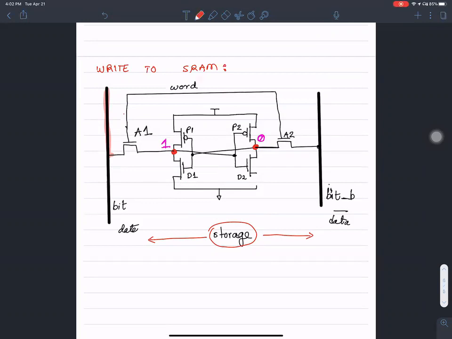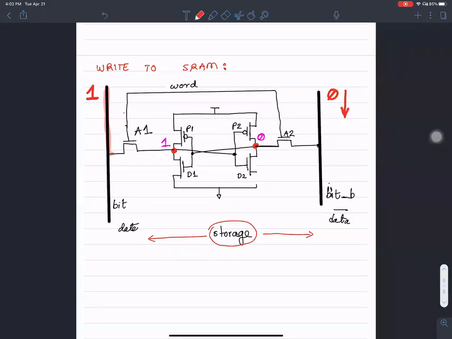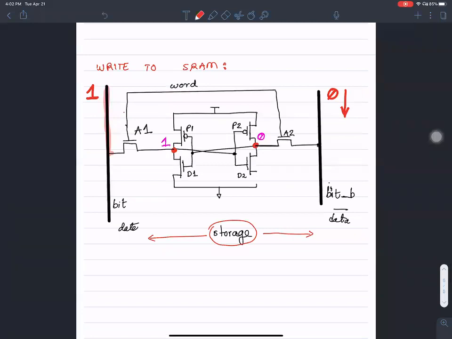In order to do that, we try to write a value of 0. The bit and bit bar lines are connected to a drive buffer. I'm sorry, we have to do the opposite.